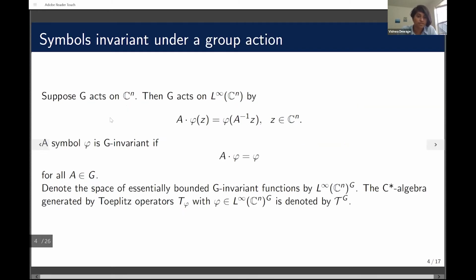One way to do this is by considering a group action on Cn, and then we can define a group action on the symbol by A dot phi (c) equal to phi of A inverse c, and we say the symbol phi is G invariant if A dot phi is phi for all the elements A in G. And we denote the space of all G invariant bounded symbols by L infinity (Cn) G, and the corresponding Toeplitz algebra by T G.